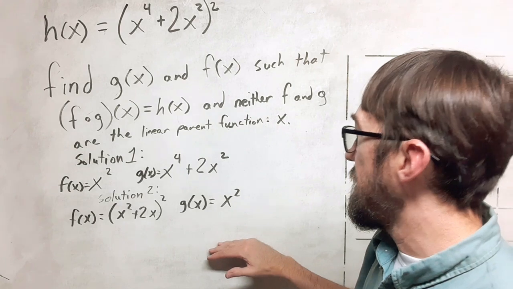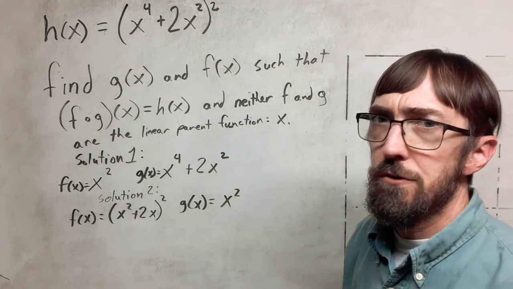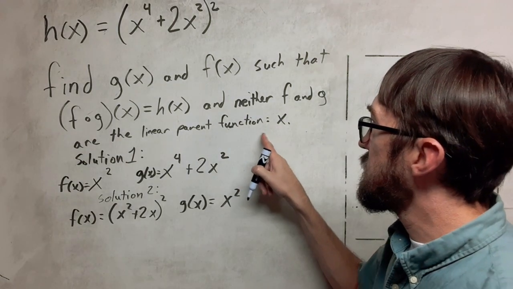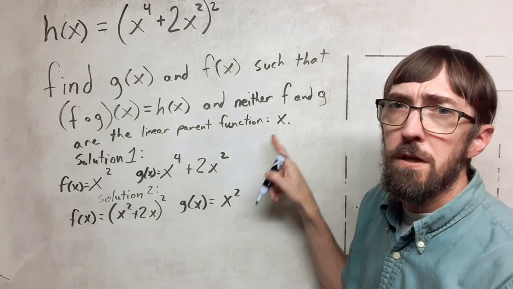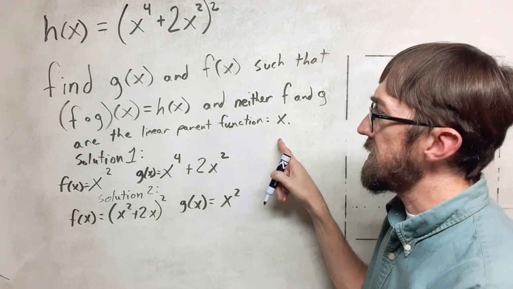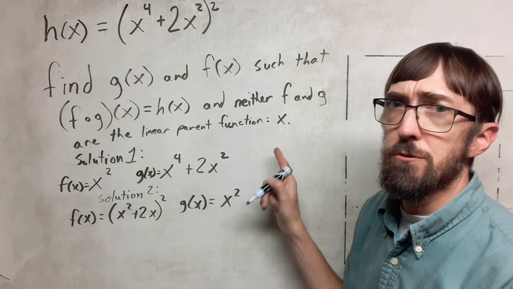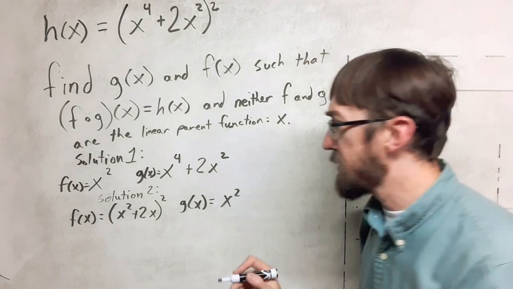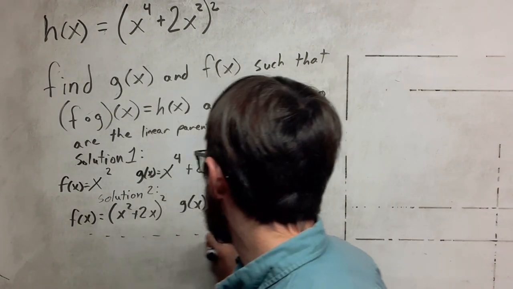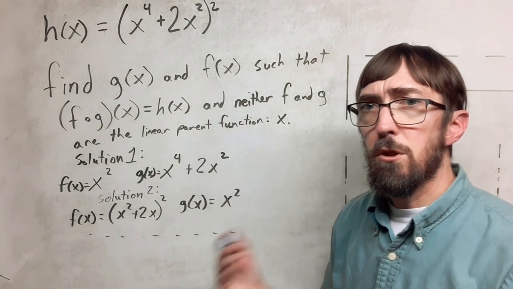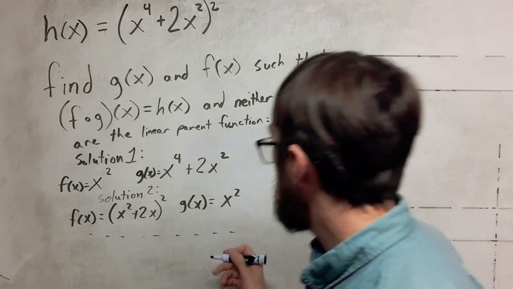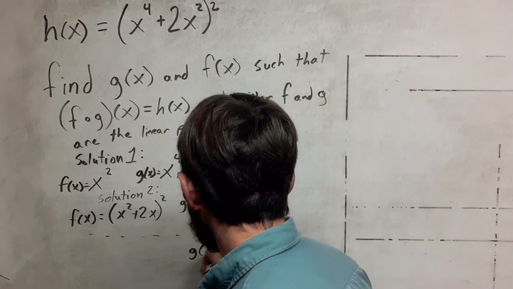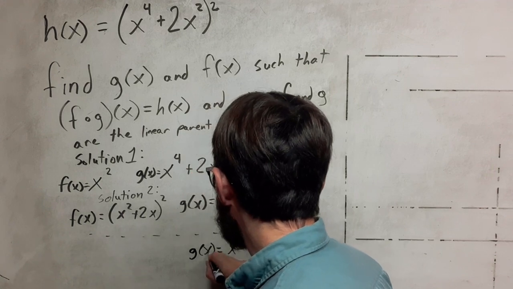I could do solution 3, and I'll go ahead and do that where I show you where I choose one of the functions to be the linear parent function, which was restricted against here. But if your directions don't restrict you against this, this is certainly a viable option. So just for a little more completeness, I want to go ahead and declare this. So we're going to say that g of x is x.